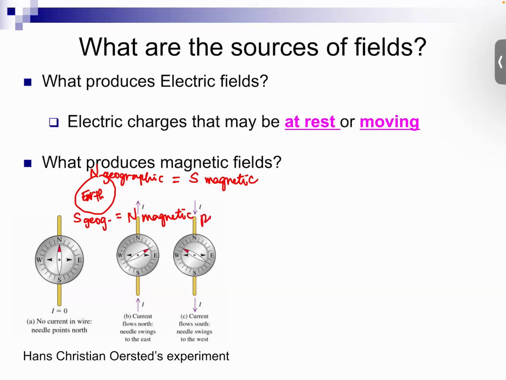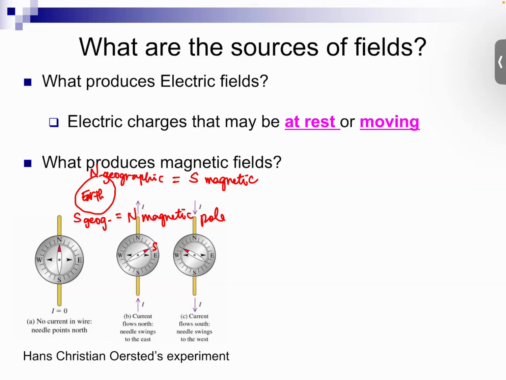Right. And that's why the compass is able to tell direction, because the compass itself is a magnet. The south pole of the compass is attracted to the north magnetic pole of the Earth, and hence it tells us that that's the south geographic pole.